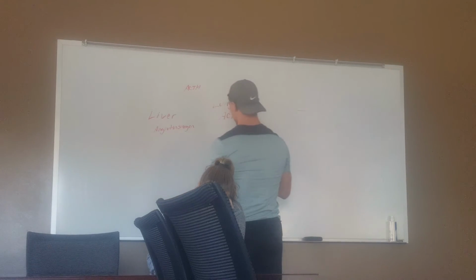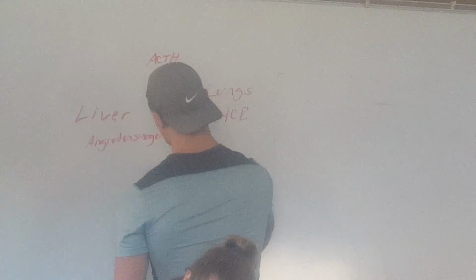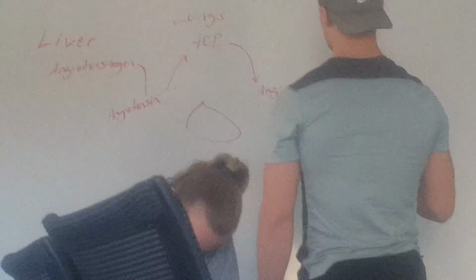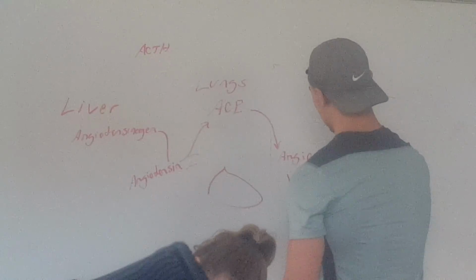It's going to get combined with angiotensinogen. It's then going to get converted from that into angiotensin 1. It's going to go to ACE in the lungs and get converted to angiotensin 2. If you don't get this right, we all die. It's going to go from there.